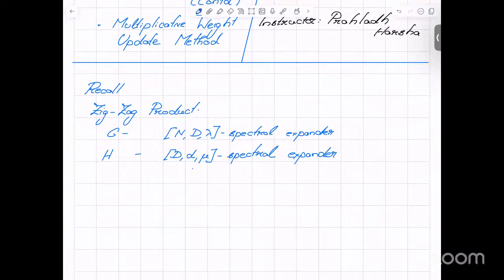Using these, we were going to construct something called the zigzag product of G and H. This was going to be a graph on N times capital D number of vertices. Its degree will be small d squared, and its spectral value will be at most this quantity.